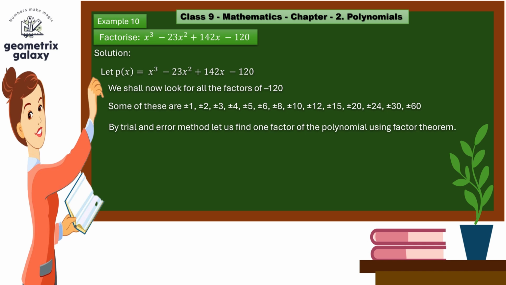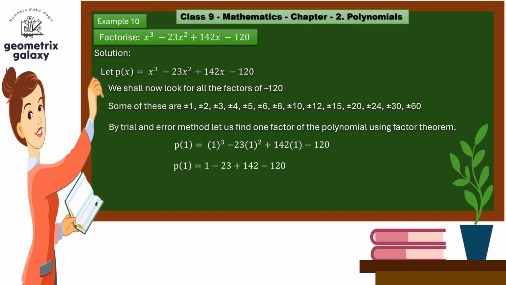Okay students, now we will check the value of p of 1. So p of 1 is equal to 1 cube minus 23 into 1 square plus 142 into 1 minus 120. So p of 1 is equal to 1 minus 23 plus 142 minus 120.